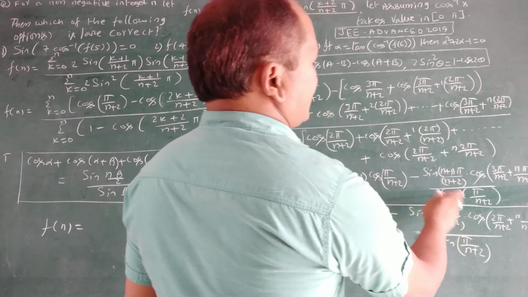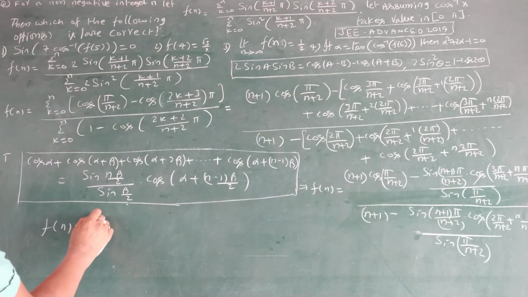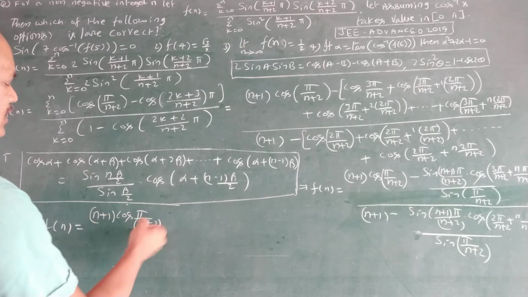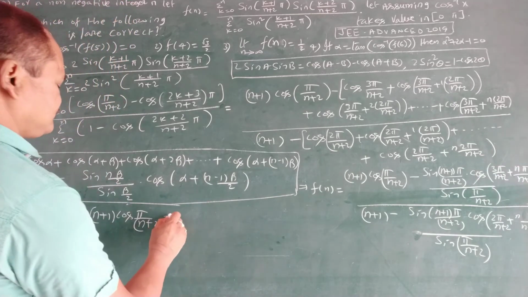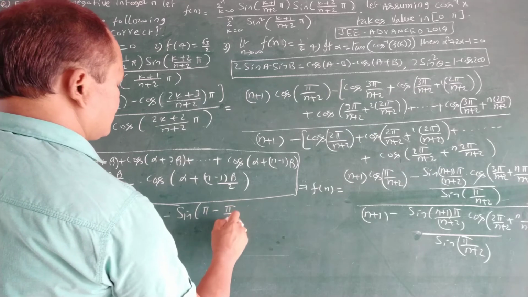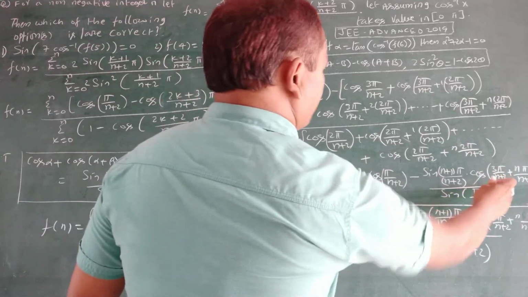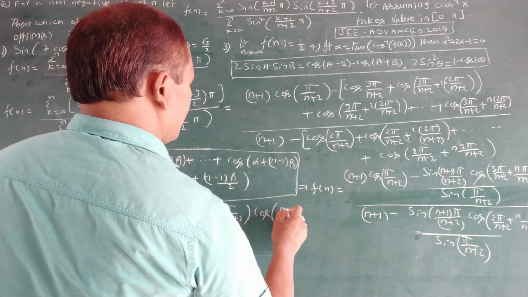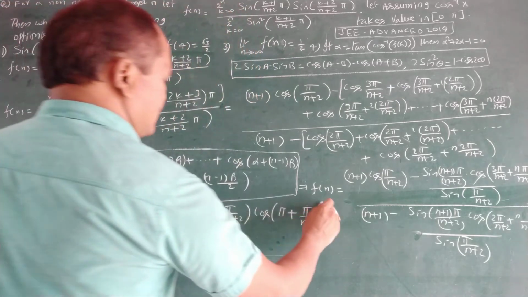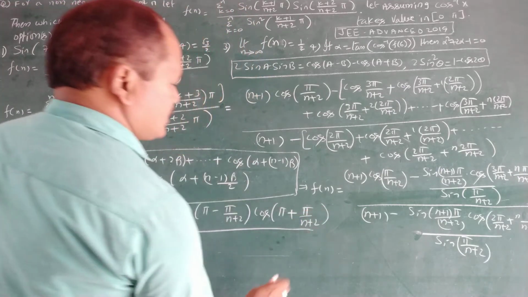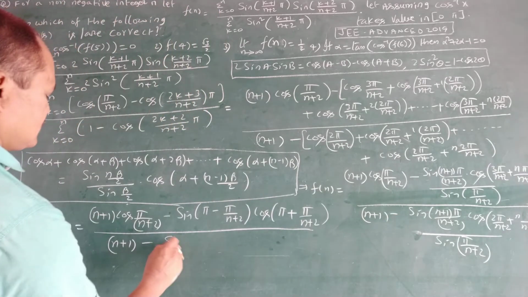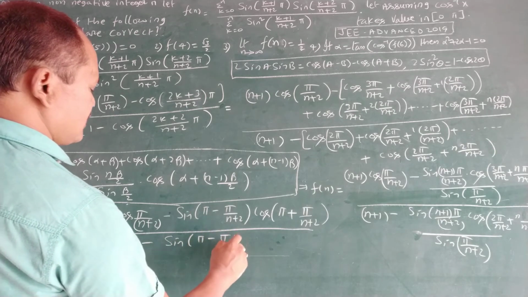since these two get cancelled, why? Since this can be written n plus 1 cos pi by n plus 2 minus, here this can be written sine pi minus pi by n plus 2, here this can be written cos pi plus pi by n plus 2, whole by denominator n plus 1 minus sine pi minus pi by n plus 2.